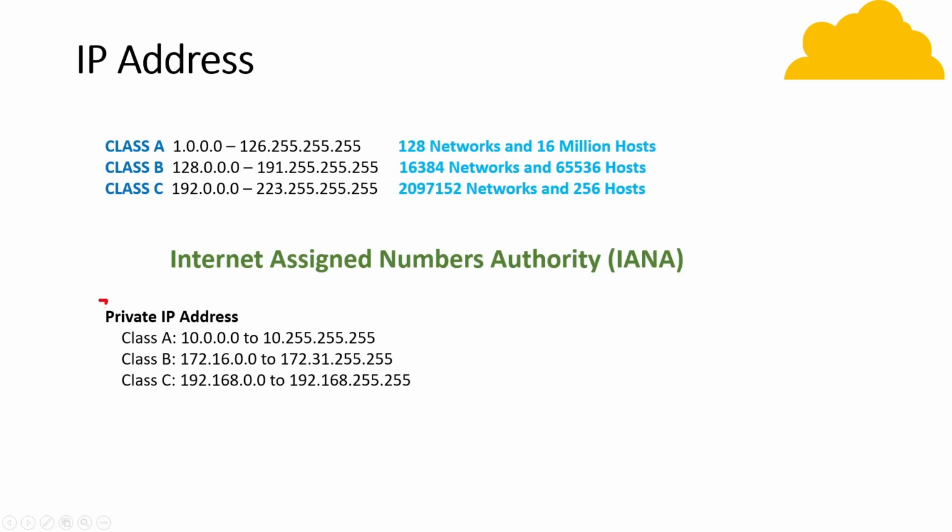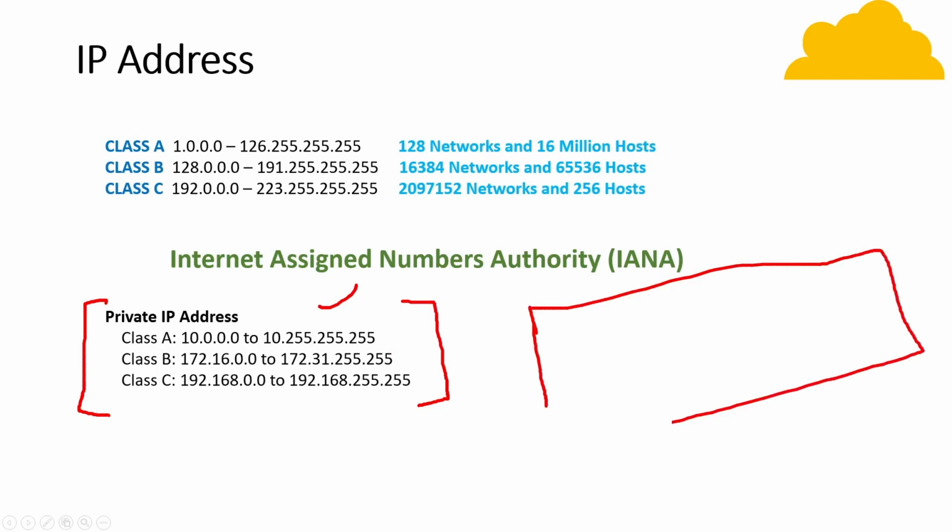Who is going to decide on what private IP addresses has to be used in our private network is the IANA, which is Internet Assigned Numbers Authority. This is an organization which takes care of DNS IP addresses, etc. So whenever you create a virtual network in Azure, this is a virtual network.